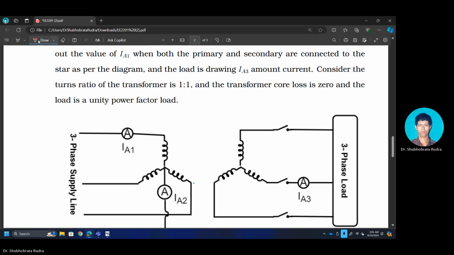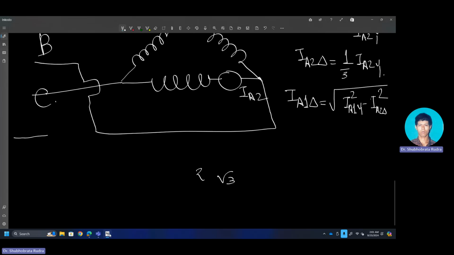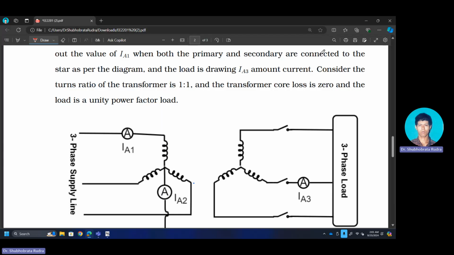So let us write this as IA1Y L, where L denotes load, then IA2Y L, and IA3Y L.